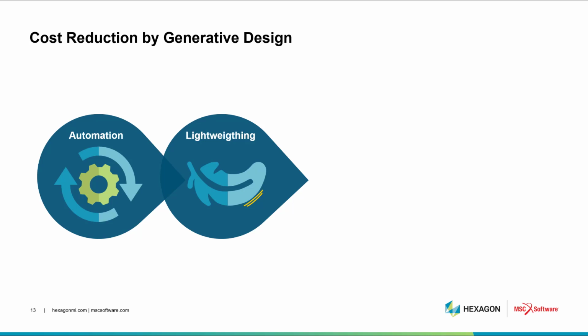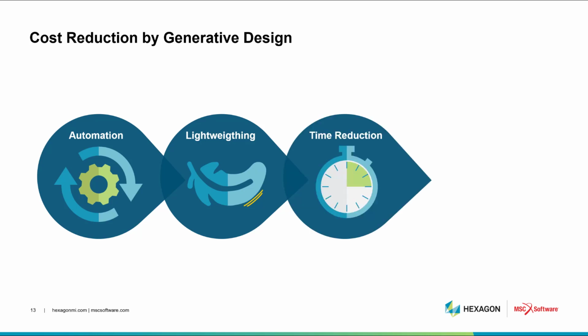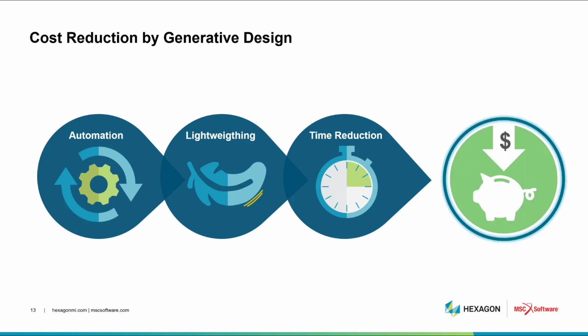Well, we do not have to pay for the extra engineering amount, and we do not have to pay for saving weight when we are talking about 3D printing, because less printing is less expensive. And all of this was a big time reduction, because we can get a pretty much shorter time to market and in the end save a lot of costs.